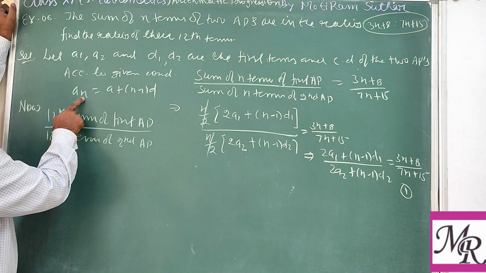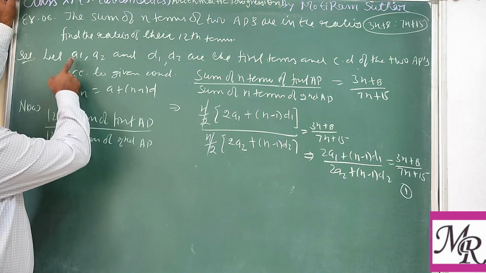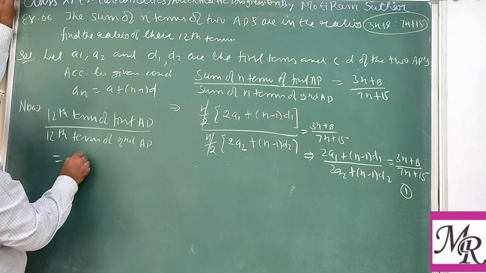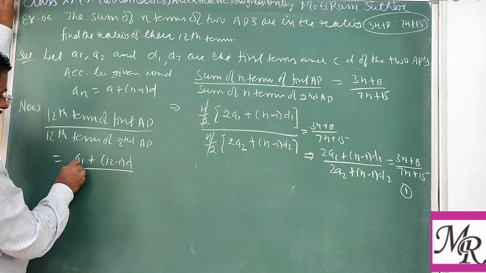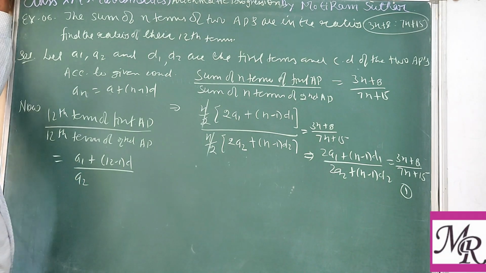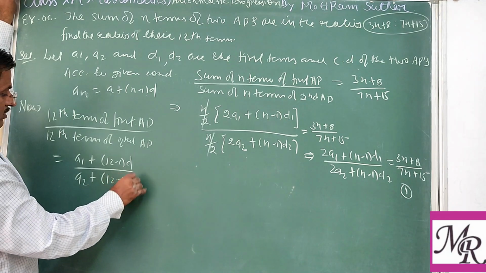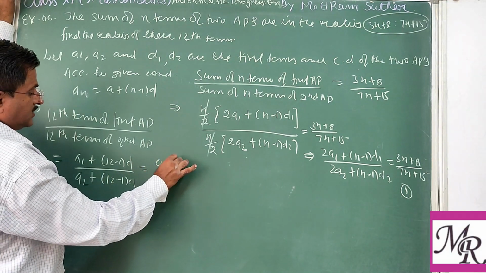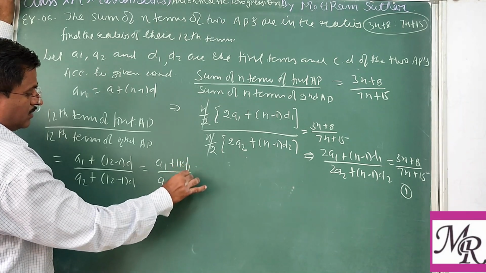Now the 12th term, n replaced by 12. So for the first AP, the first term a1 plus 12 minus 1 into d, or you can say a1 plus 11 d1, and for the second AP, a2 plus 11 d2.